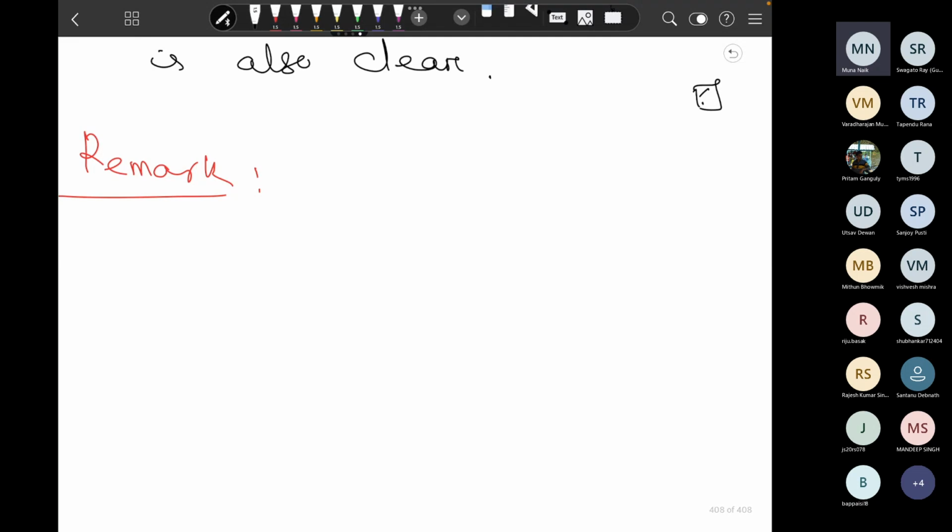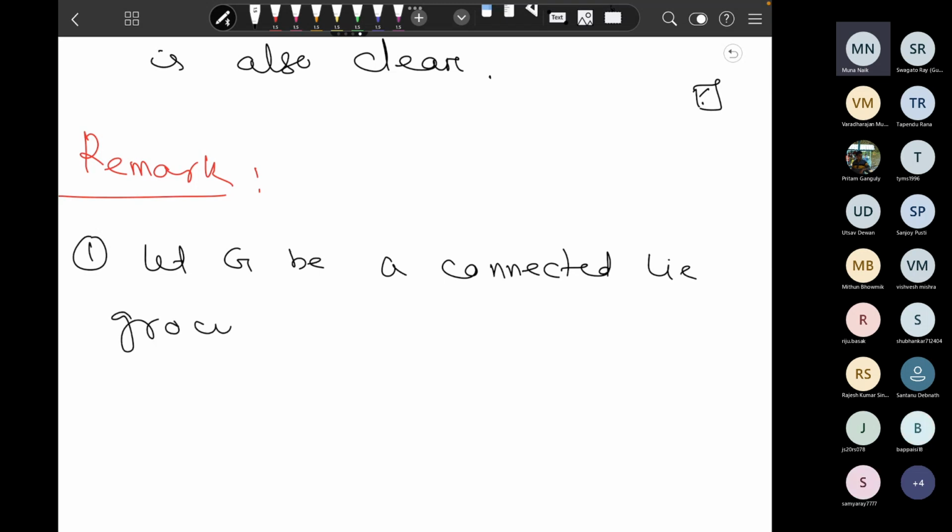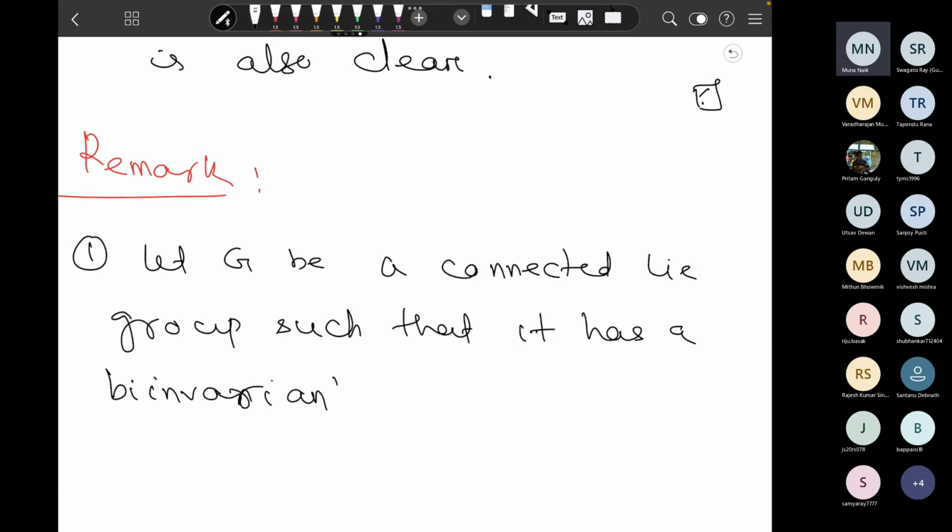So the first remark: let G be a connected Lie group so that it has a bi-invariant Riemannian metric on it.